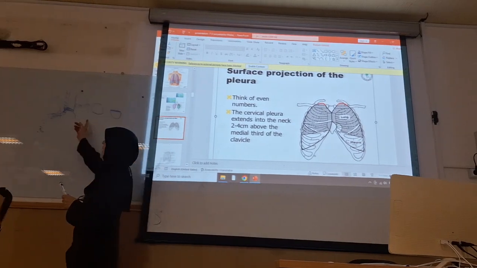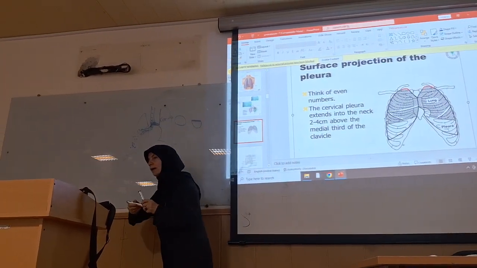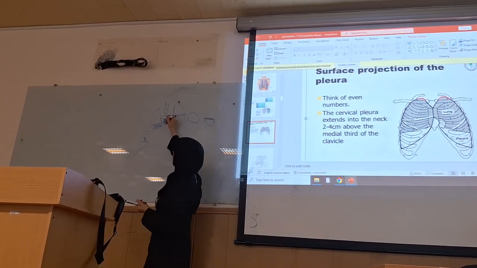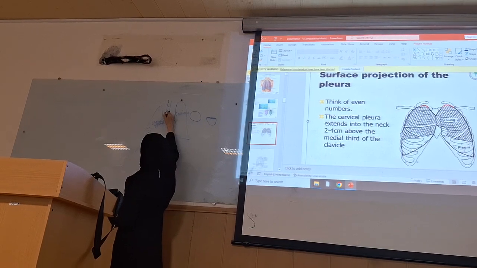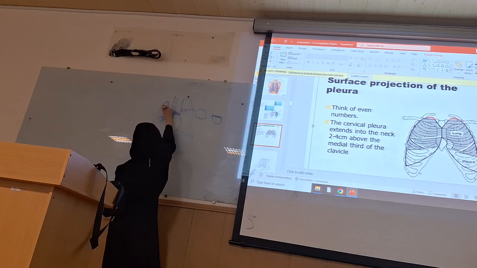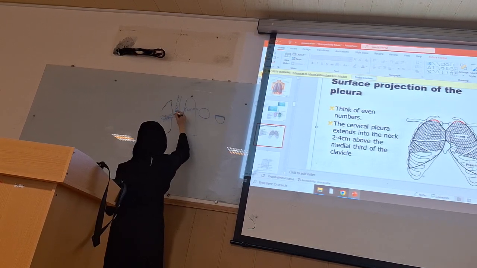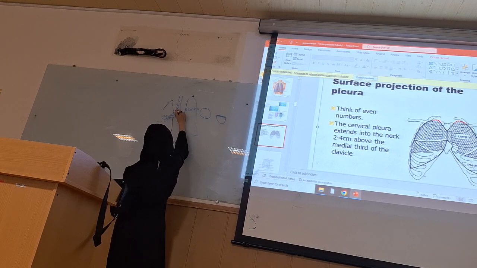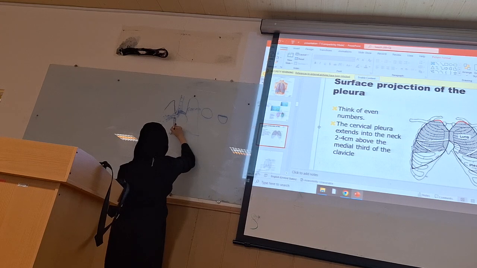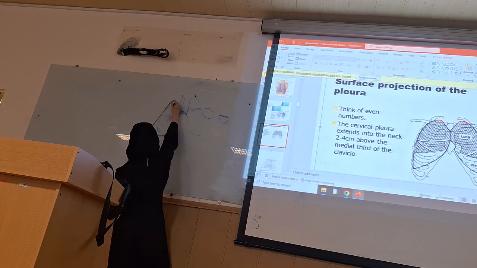Means around the right and left part, you are able to find the pleura. The pleura that is going to appear next to the lung we call visceral pleura, okay? We call visceral pleura. This visceral pleura around the hilum reflects to make the parietal pleura, okay? Parietal pleura.